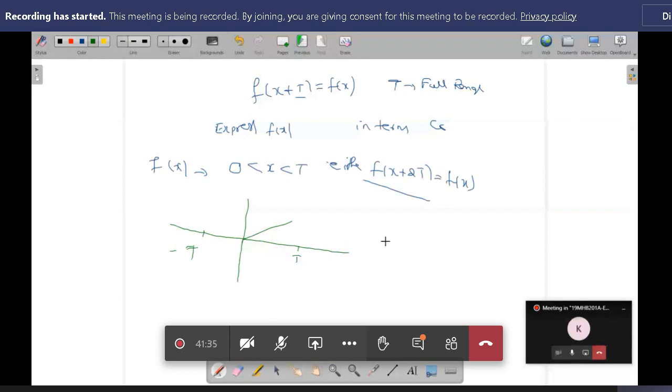Unless it is specified, what I mean is, you can extend the given function with the odd extension or periodic extension only if it is specified. If you do otherwise, the period will shrink.